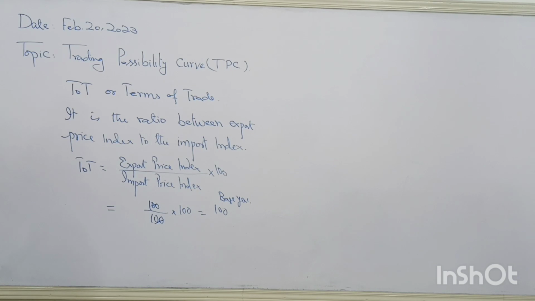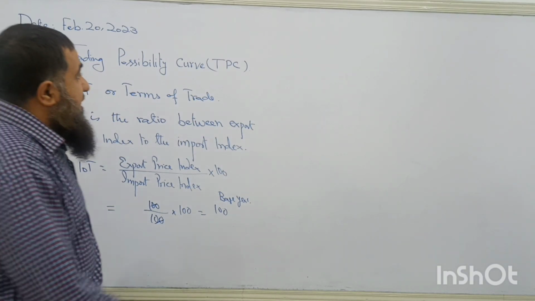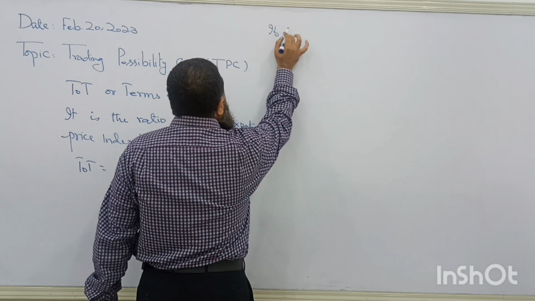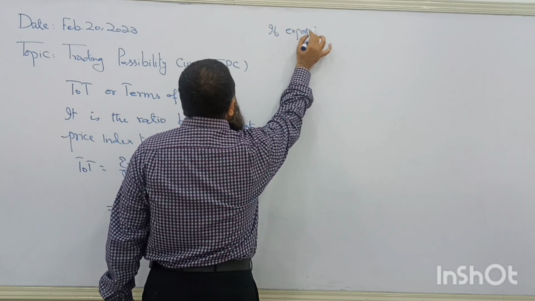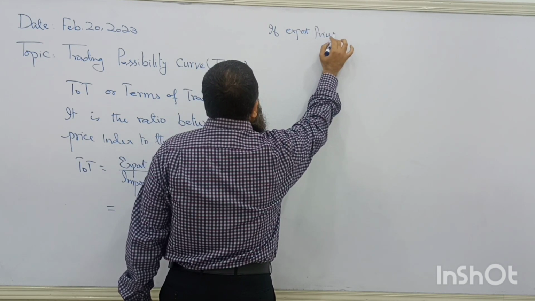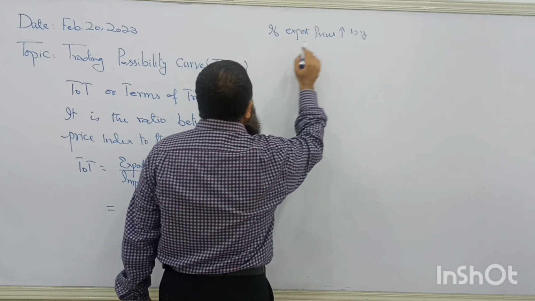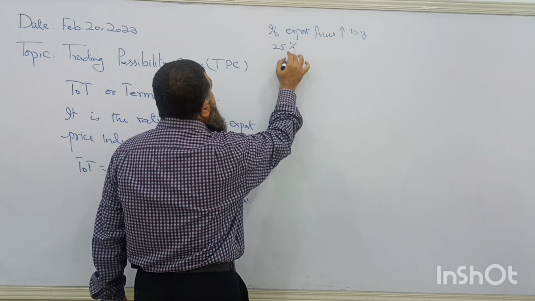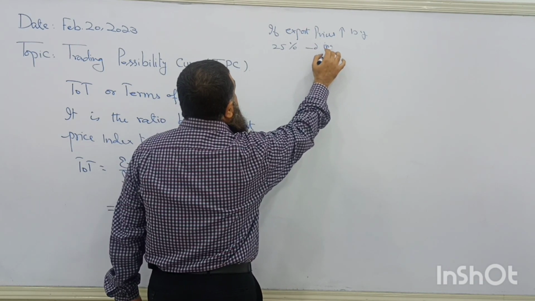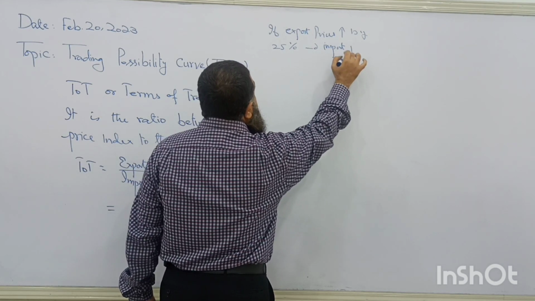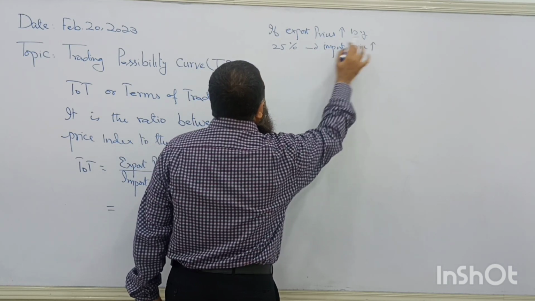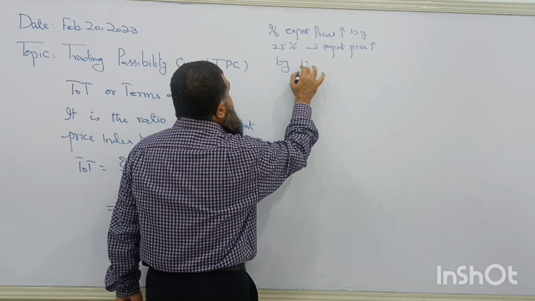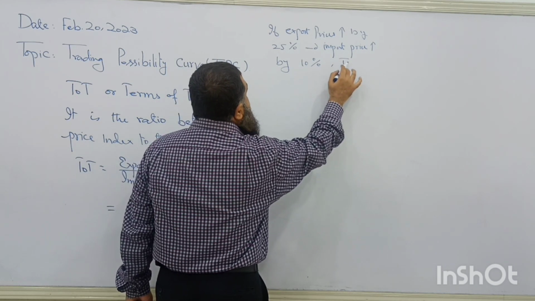Clear? Now I am going to explain it by using the values. If export prices increase by 25% and import prices increase by 10%, what is TOT?